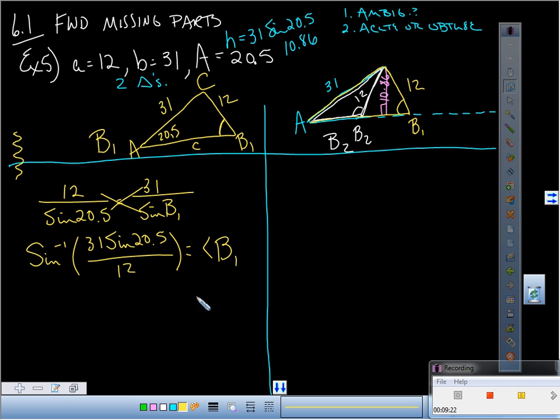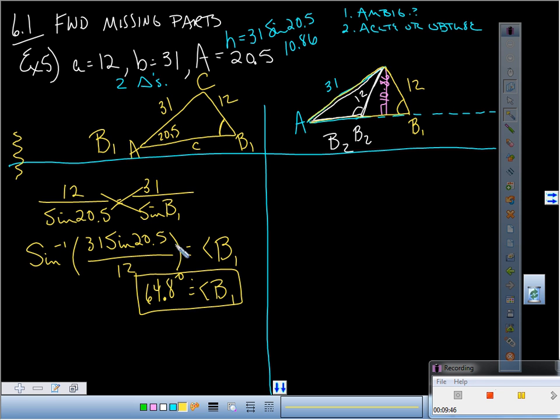So, angle B sub 1 is equal to 64, let's round it off to one decimal place, so 64.8 degrees. Now, I'm going to box it in because that's what I'm looking for, one of those answers. Remember how I showed you to do that?